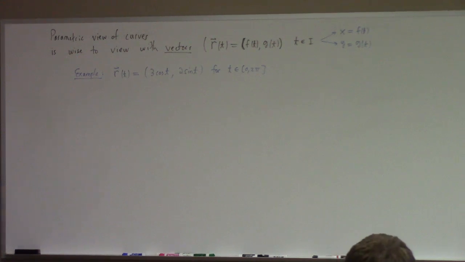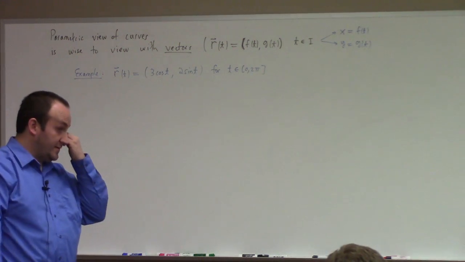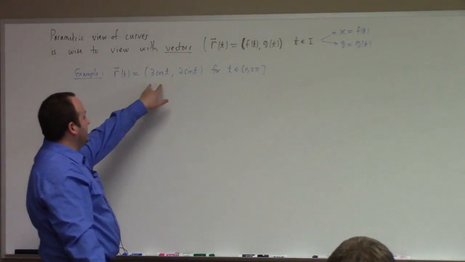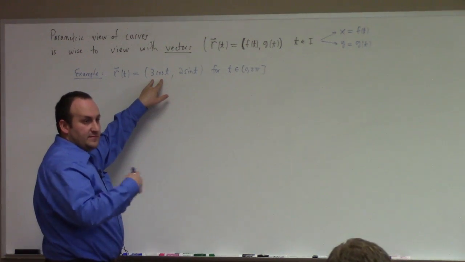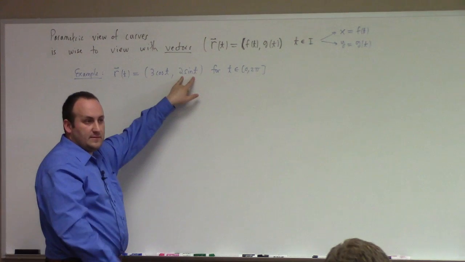Well, let's just think about it in terms of what you know about sine and cosine. What happens to sine and cosine as they range from 0 to 2 pi? They go from what? From -1 to 1, right? So 3 cosine t does what? It ranges from 3 to -3, right? And 2 sine t goes from -2 to 2, right?